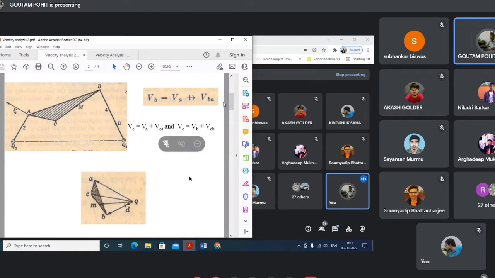I can draw VA. We take a point Q and QA will be equal to the magnitude of VA.